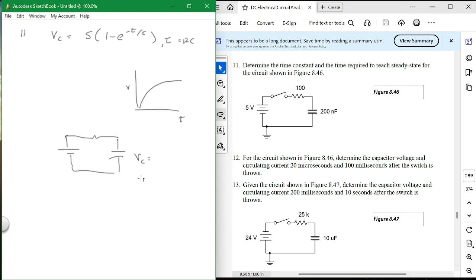So I is equal to C dV over dt. So again, V is equal to 1 over C integral I dt. So it's basically the integral, and that's your equation. So the voltage across the capacitor, here is minus 5, so you'd say minus 5 plus I times R plus 1 over C integral I dt equals 0. And that's your equation.